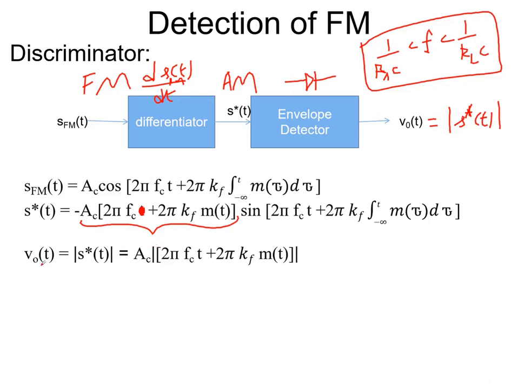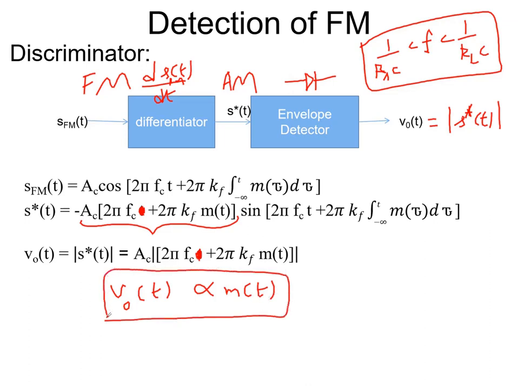This represents the envelope of the envelope detector, which is AC mod of (2 pi fc plus 2 pi kf m of t). Okay, there is no t here, because differentiation of t with respect to t is 1. And this v out of t, if you observe, 2 pi fc and AC are all constant. It is directly proportional to what? The message signal. From this, are you able to get back your message signal or not? This is about the detection of FM.